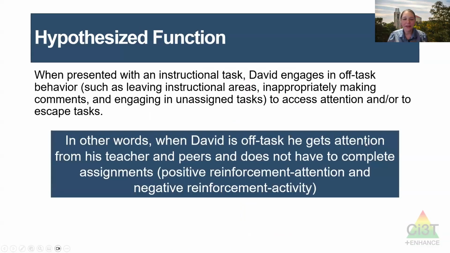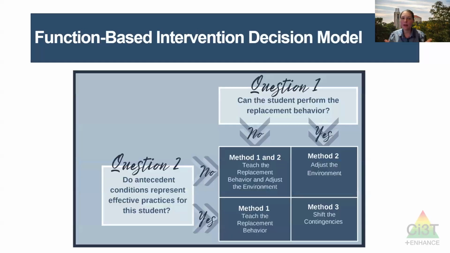That is what they noticed. They said, all right, so when he's given a task, he engages in off-task behavior to access attention and to escape tasks. So the next thing they did was they said, all right, let's get our function-based intervention decision model.